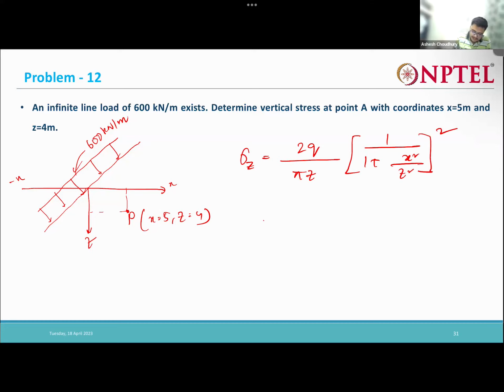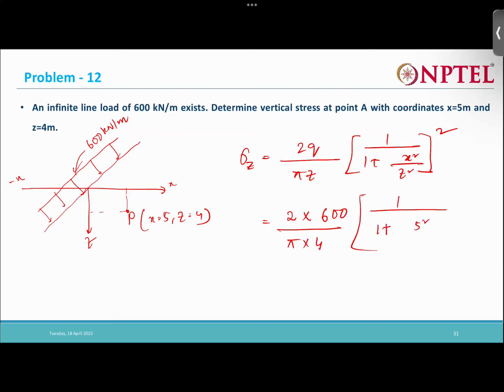So we'll directly substitute q, putting 600. Two into 600 by pi into 4, by 1 plus 5 square by 4 square.